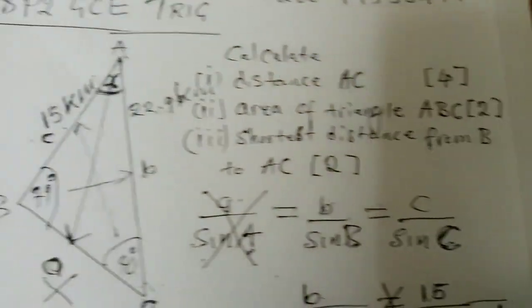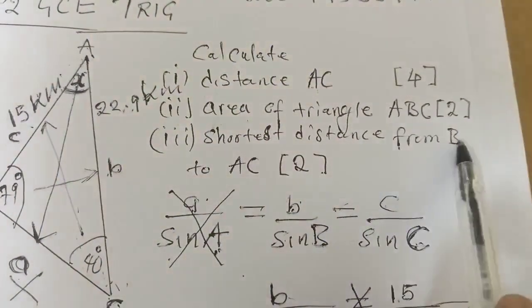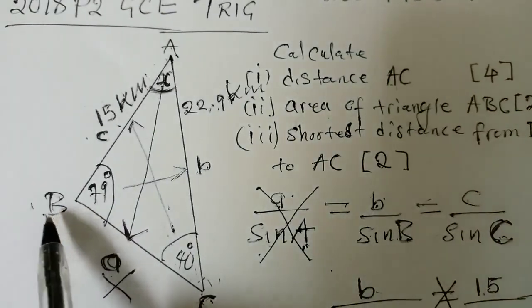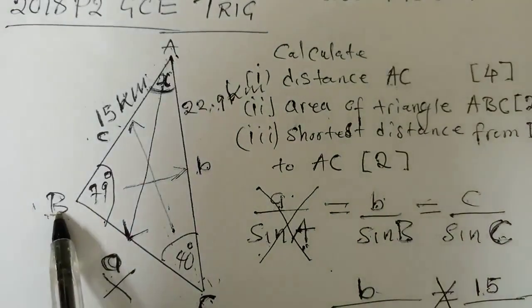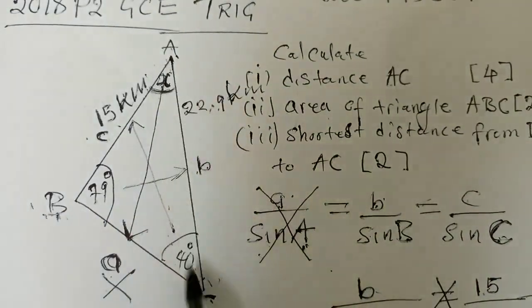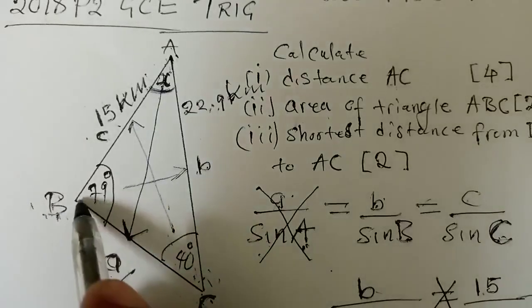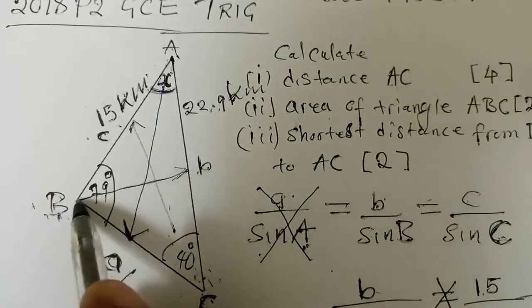They are asking us to find the shortest distance from b, from b to AC. So they're asking us this distance, it is the shortest distance here.